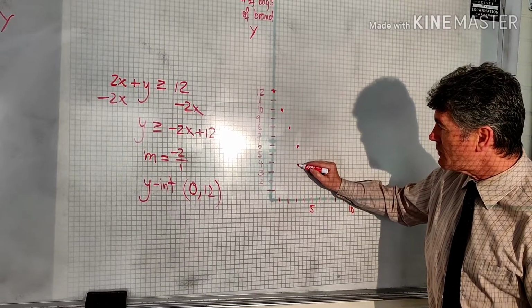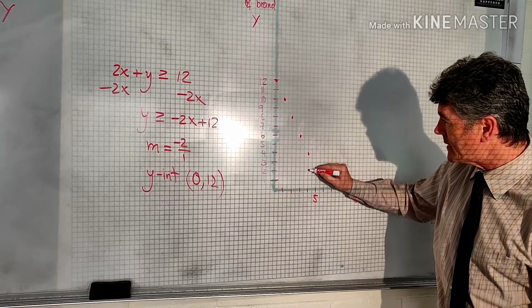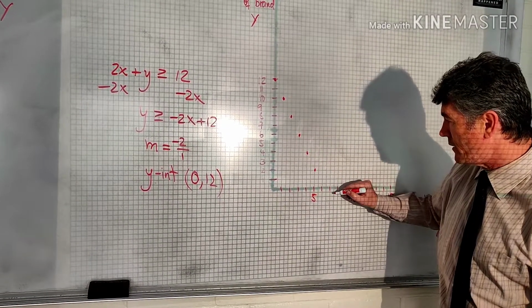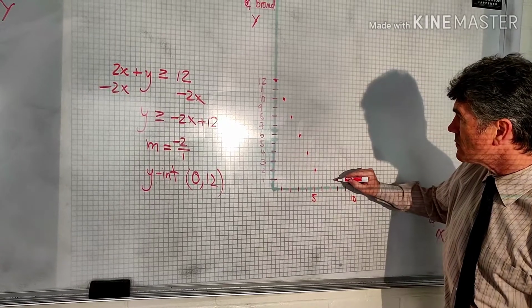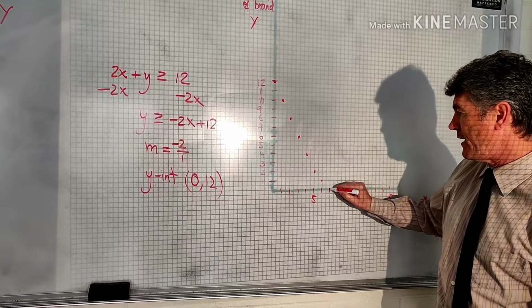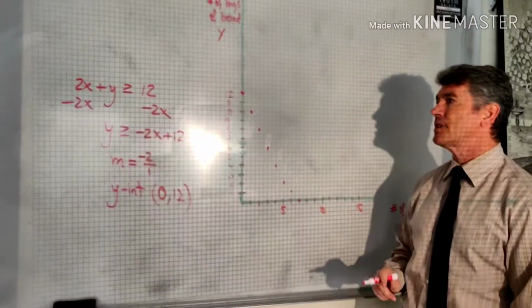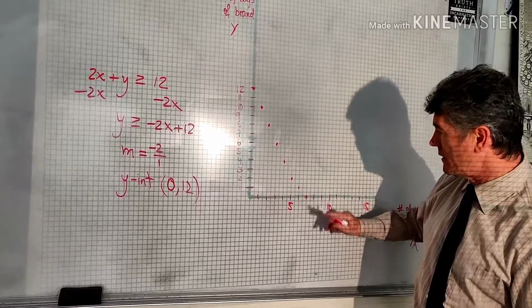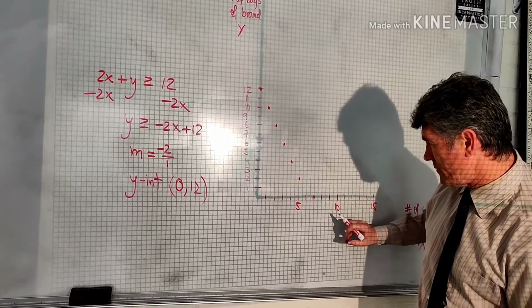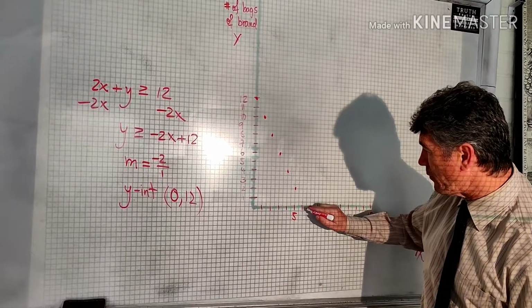And I continue this pattern until I hit the x-axis. We're almost there. 2 units down, 1 to the right. And finally, we have hit the x-axis. The x-intercept is (6, 0). I said 6, 0, and I plotted 7, 0.